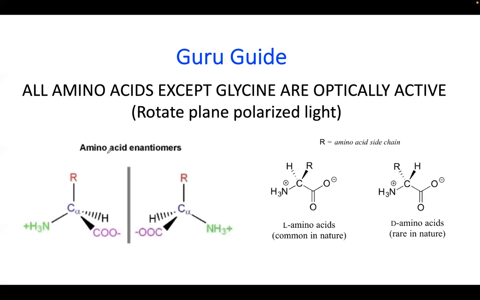Another guru guide: all amino acids except glycine are optically active. So when you say optically active in biochemistry, it means that that substance or molecule has the ability to rotate the plane polarized light. Okay, so it is glycine which is not optically active.